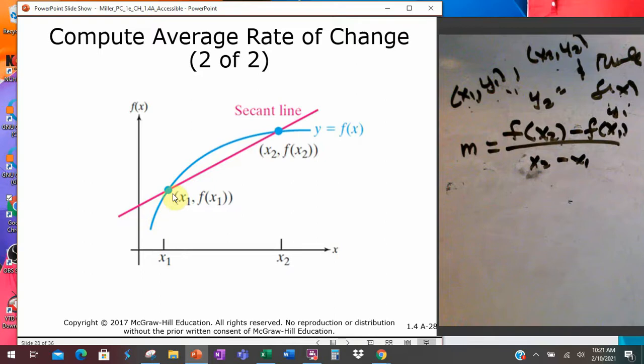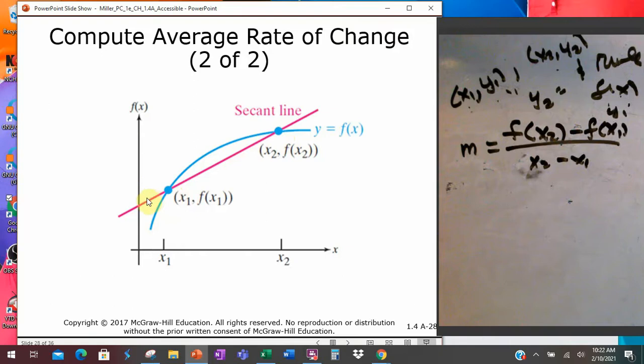Here is the general curve. Y is equal to f of x. I'm given some rule, and then I plotted it. This is the shorthand notation of a general curve. Here is a point x1 and the value of the function at x1, because if I evaluated it, that would be where this thing crossed. Here would be x2 and the value of the function at that x2, the f of x2.